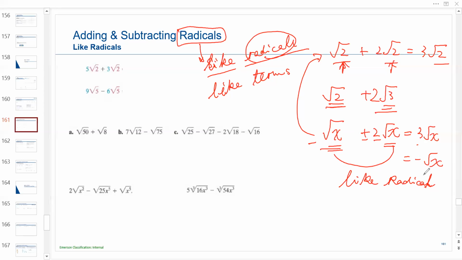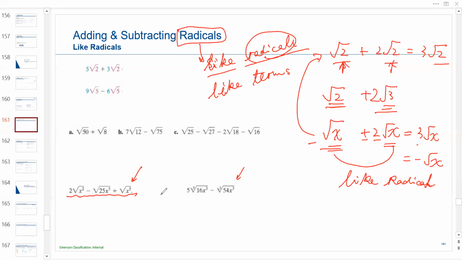The radicand part is not calculated; keep it the same. And if it is a more complicated case, you have to simplify first and check whether they have like radicals or not.